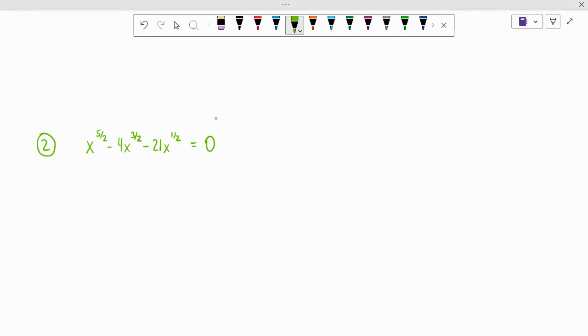So does anyone have any suggestions as to what I should do first if I want to solve for x? Yeah, so again, maybe try to factor out the greatest common factor. So here, the greatest common factor would be x to a power of 1/2, okay?